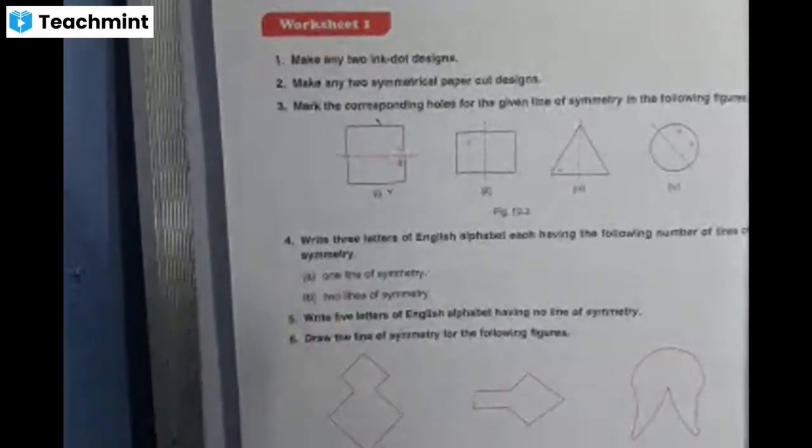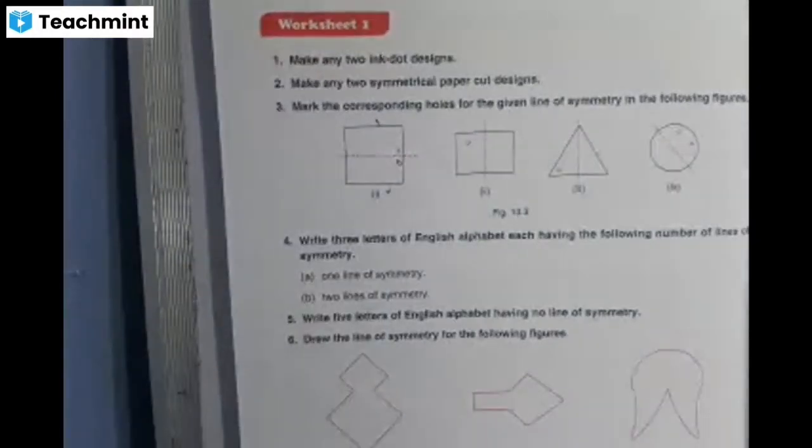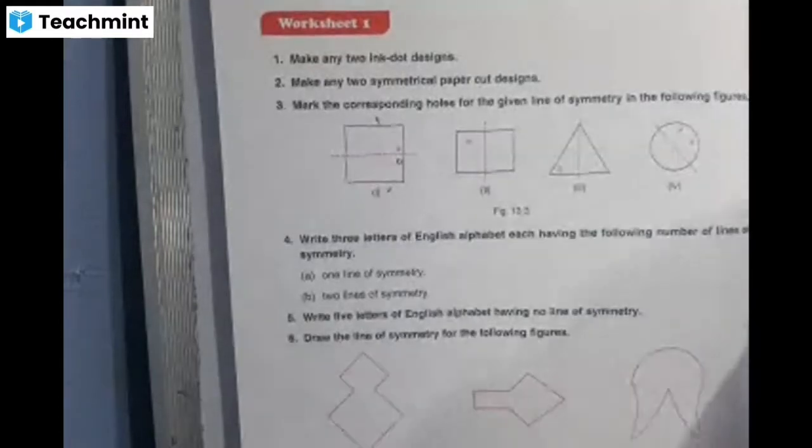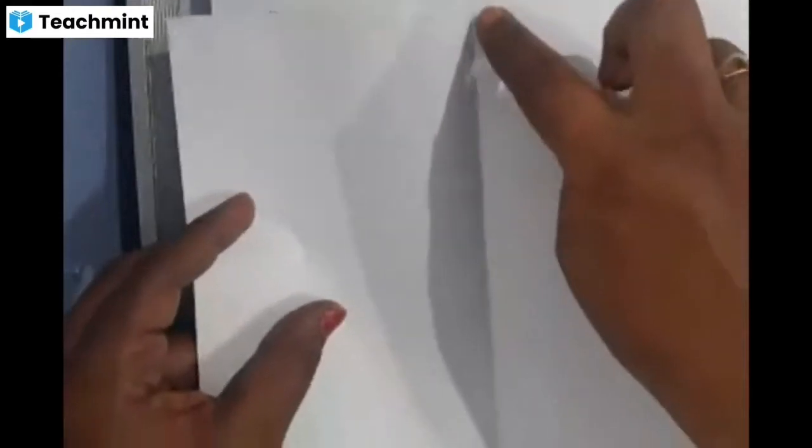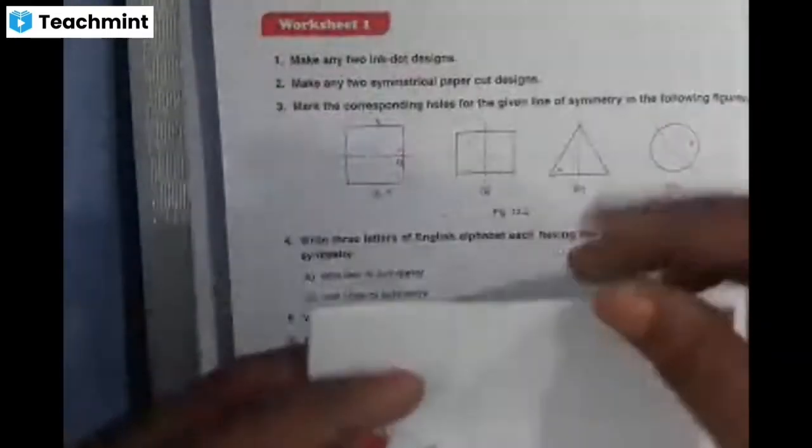For example, if this is the paper, children, here is a paper, right? It is almost a square. I think it is visible for you. Now what I'm going to do, this is a line of symmetry. Why? Because when I fold, then this part is going to coincide with all the parts, right?